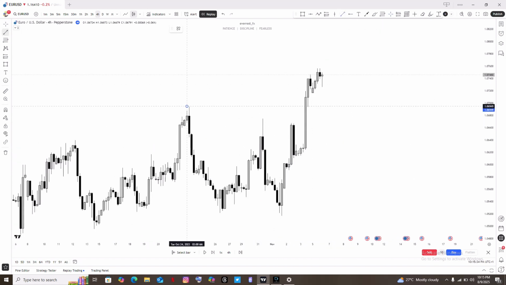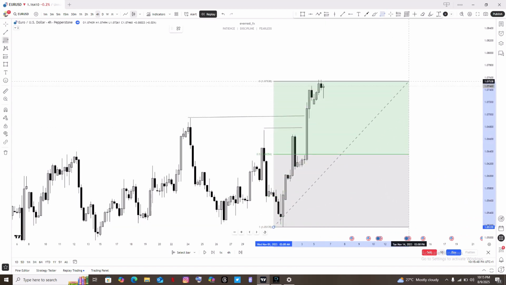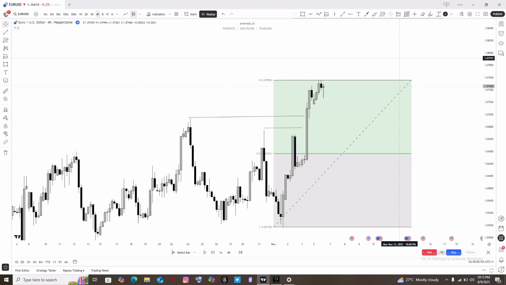Now we had a break of structure here, a major break and a minor one here. Now let's draw our fib tool from down here straight to the top. And then you want to buy when the market is at a discount price, right?